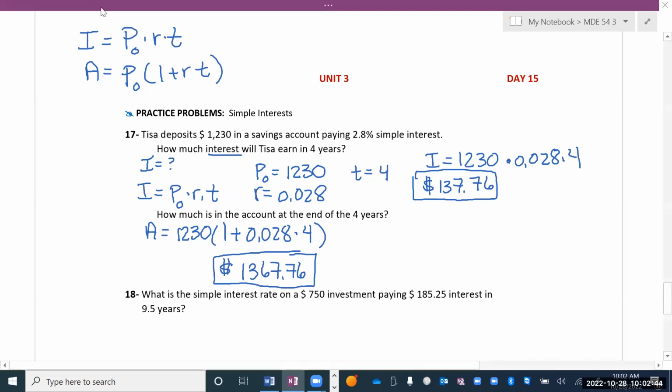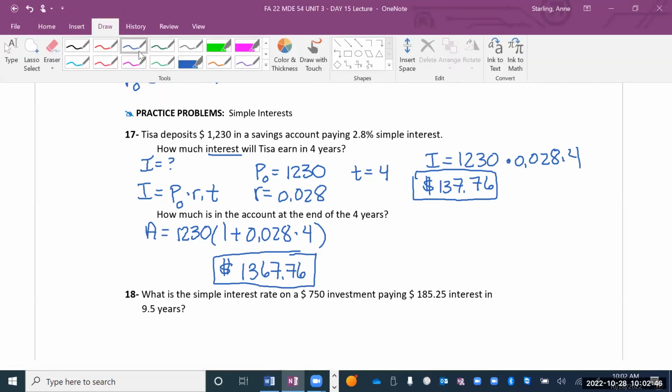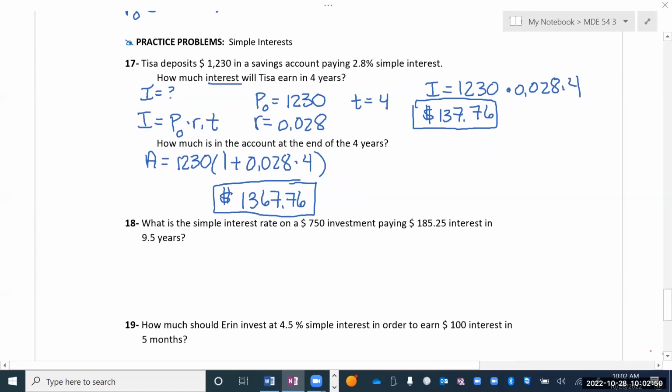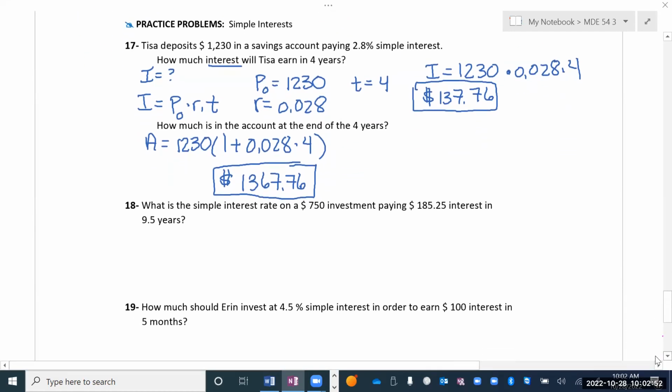Next one is question 18. What is the simple interest rate on a $750 investment paying this much interest? So I have the interest, so I'm going to use the interest formula.